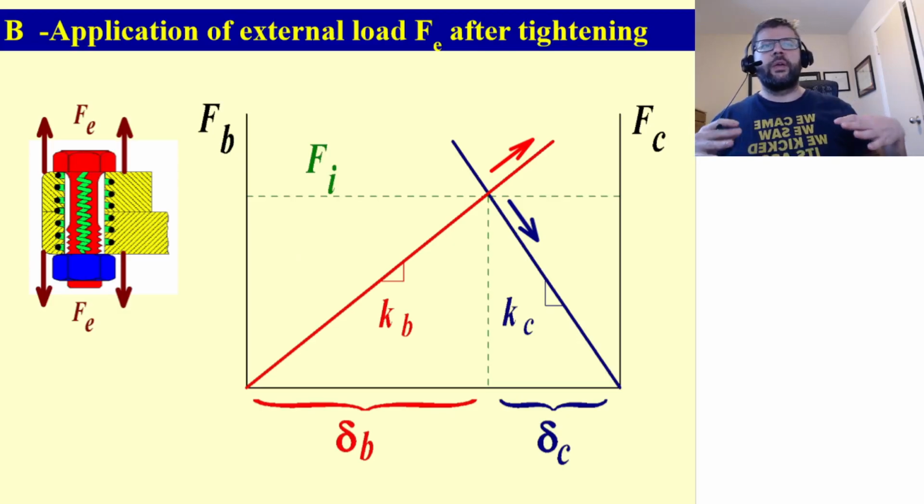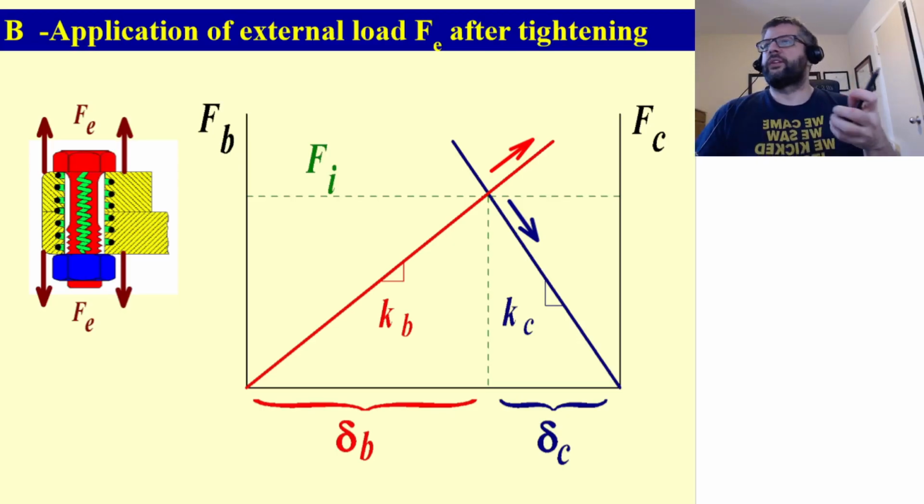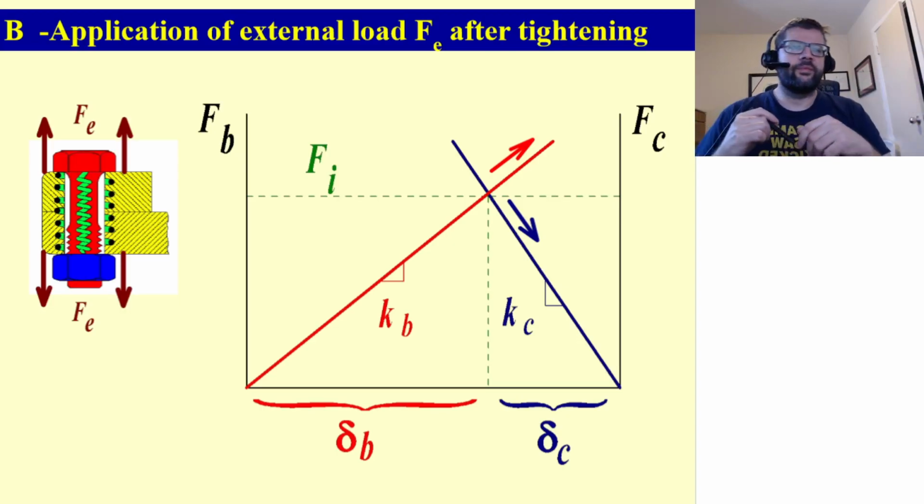So we apply that, and then after that, we're typically going to be applying some sort of external load, because what's the point of bolting together these two parts if there's nothing that's going to be trying to pull them apart in the first place?